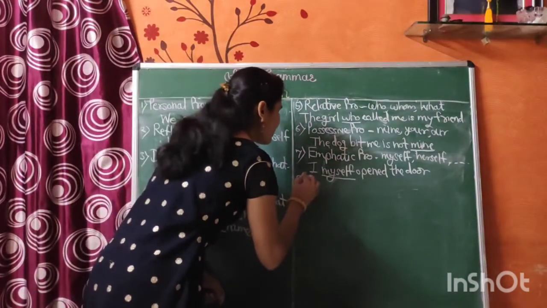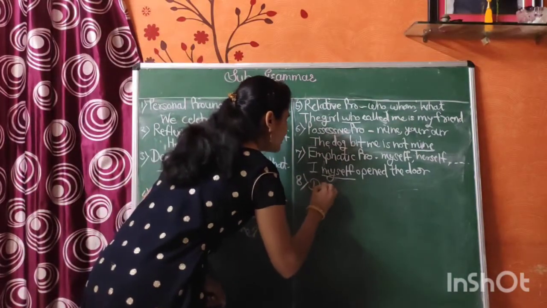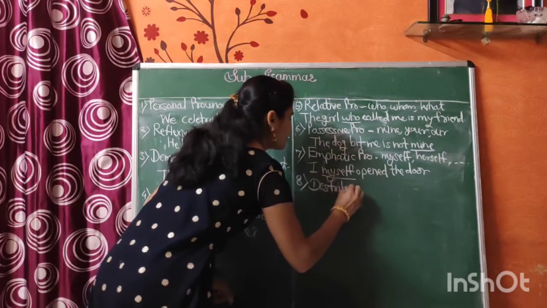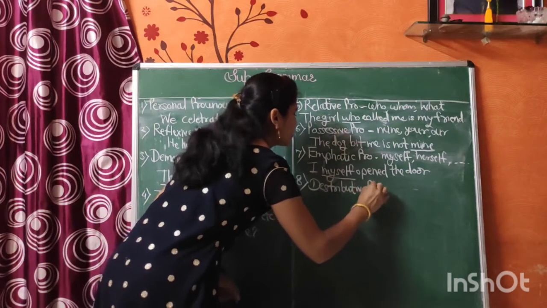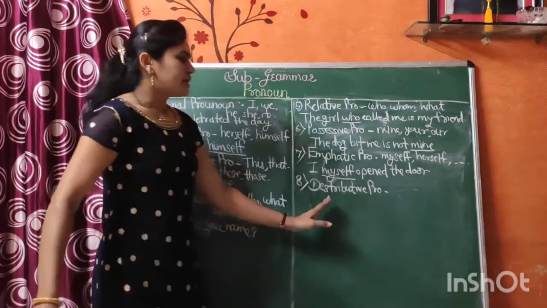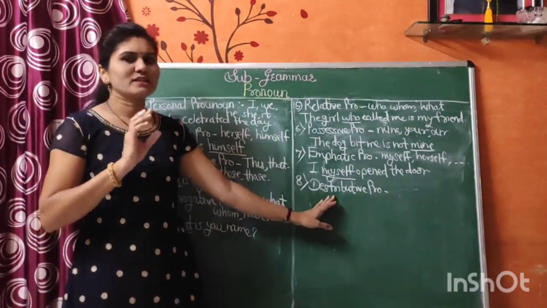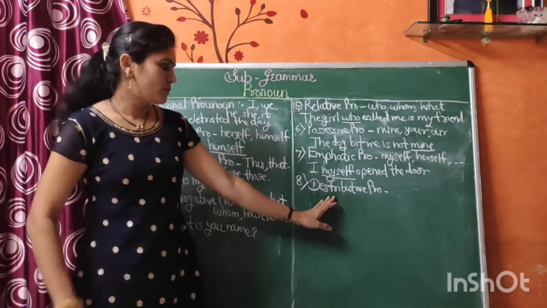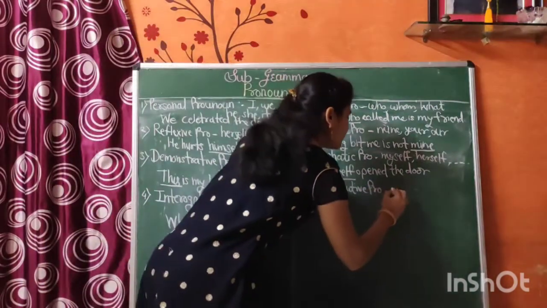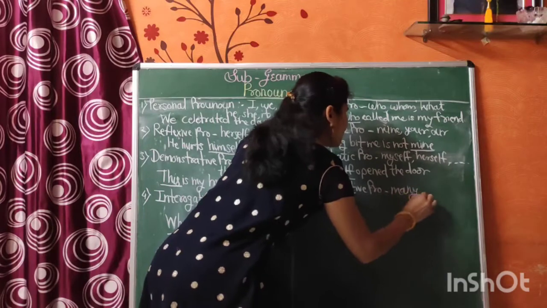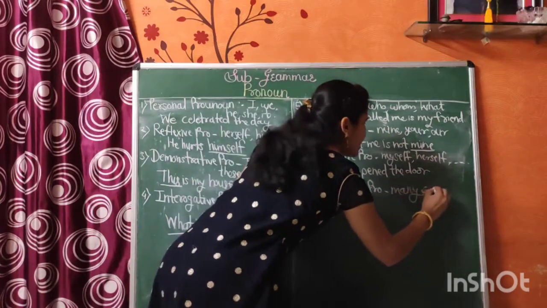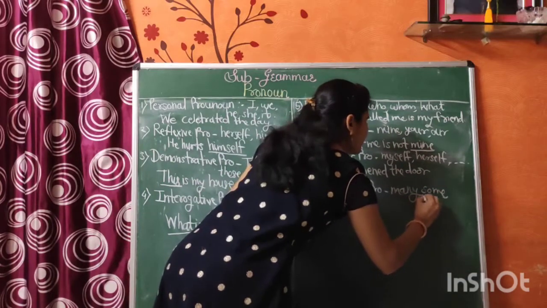The next type of pronoun is distributive pronoun. It is used to distribute the things or persons as single or in a group. For example, many, some, someone.